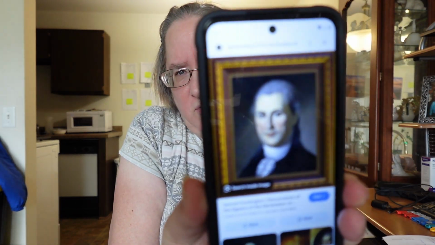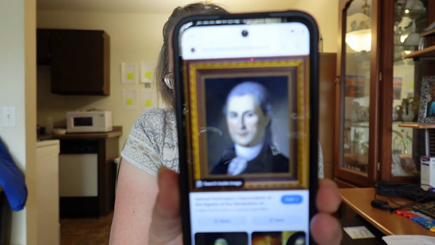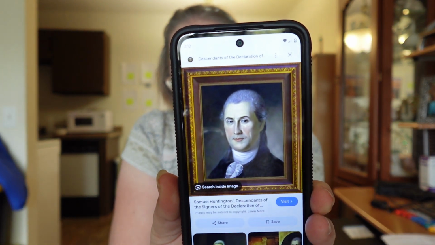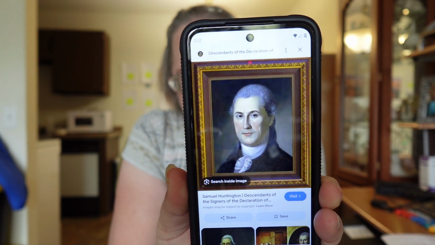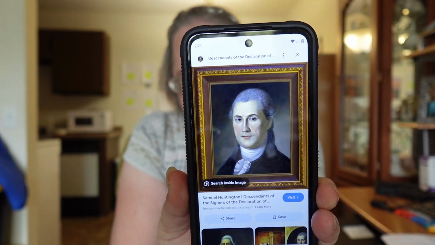I guess that's the only decent picture. Okay, so that is the picture of Samuel Huntington. He was the first president of the Confederation Congress. And let me tell you a little bit about him.